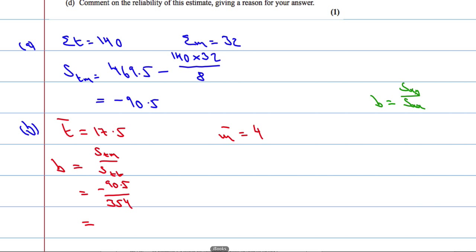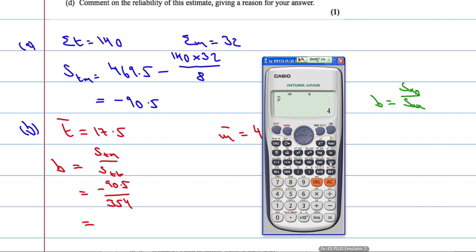And let's take out the calculator. So we get minus 90.5 divided by 354, which is minus 0.2556497.